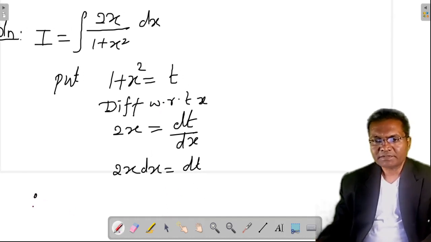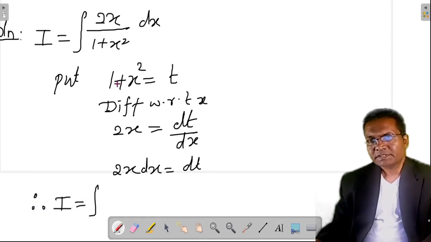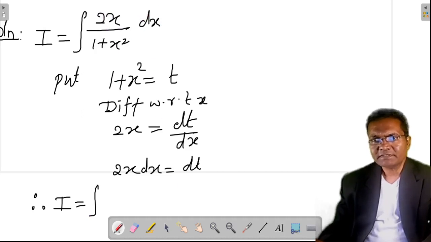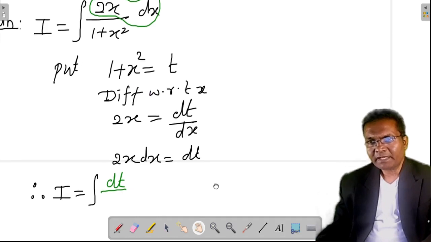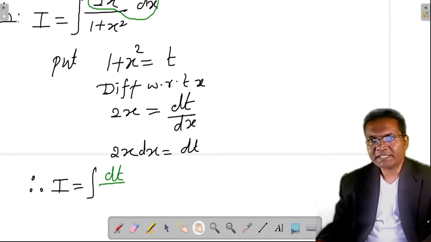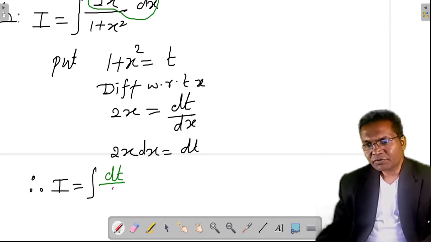Therefore I becomes, carefully see here, 2x into dx. This 2x into dx is dt. So I can write dt in the numerator, divided by 1 plus x square, which you have taken as t. So this is your t.